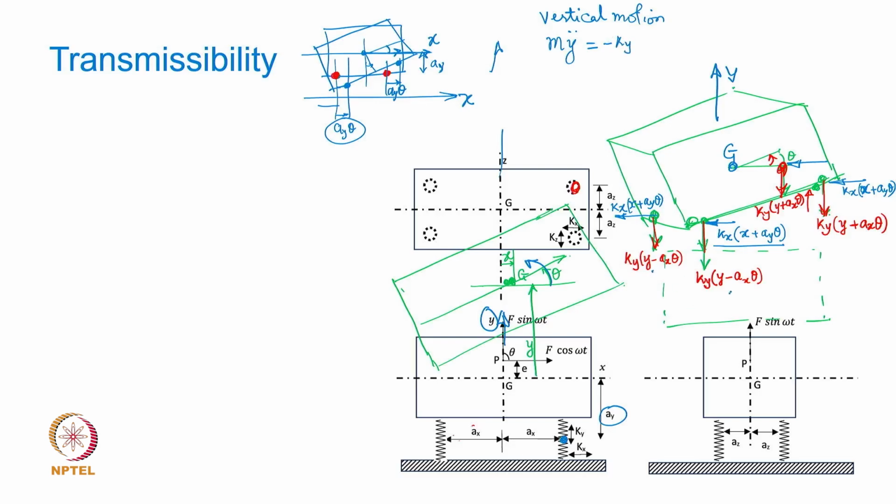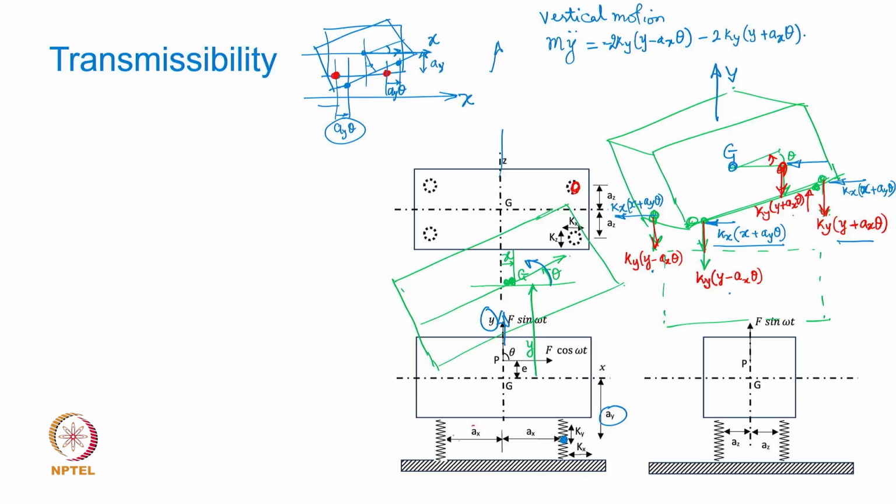Now these forces being identical, I can add them up. So now it is going to be minus 2 ky into (y minus ax theta), and then minus, these will add up to minus 2 ky into (y plus ax theta).